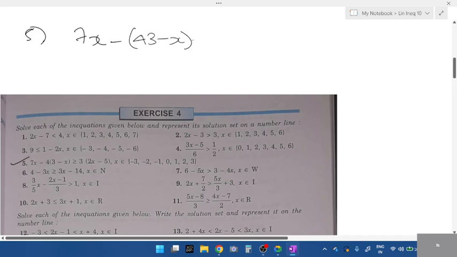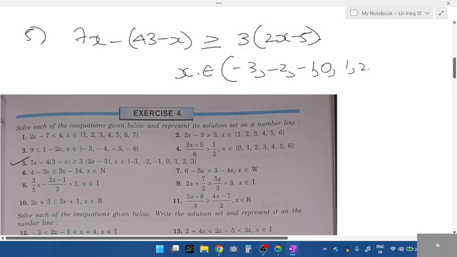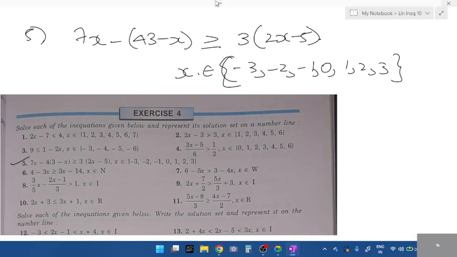Open the bracket. 4 is outside. Then we'll try the eighth one, 11.